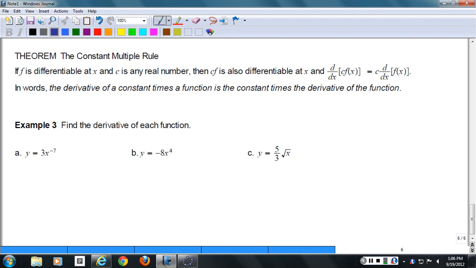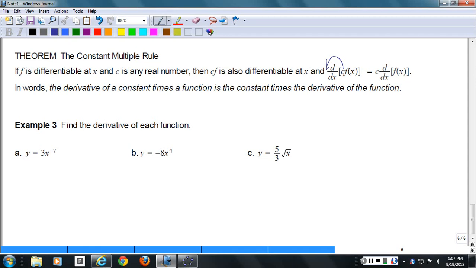Another way of looking at it is the constant can be passed through the derivative. You can't pull an x out of there, but if the constant does not depend on x, you can pass it through. So if we could find the derivative of x to the negative 7th power, and we multiply that by 3, then that would be the derivative of 3x to the negative 7th.